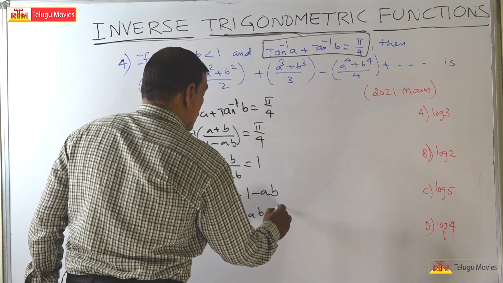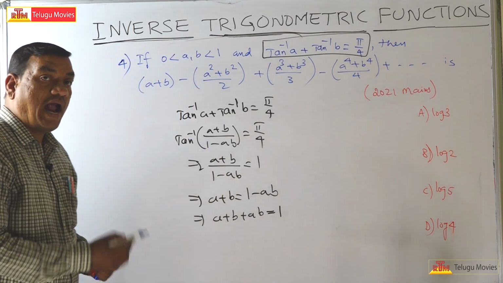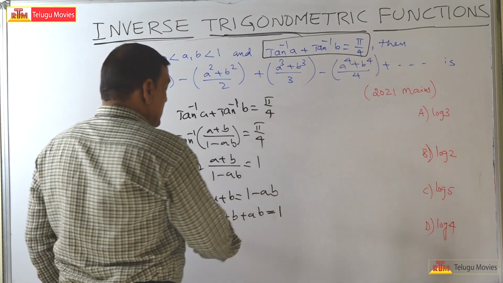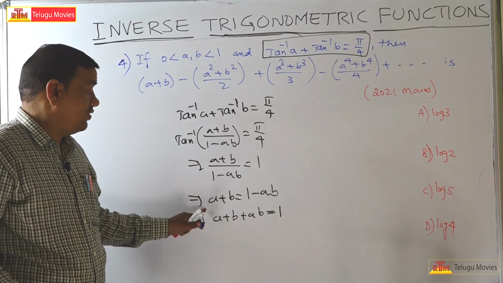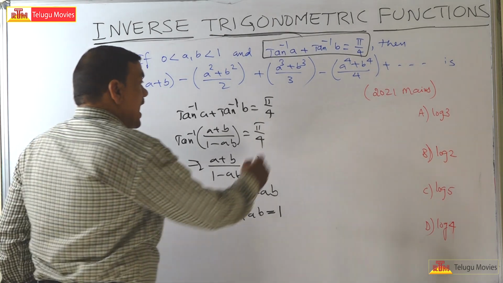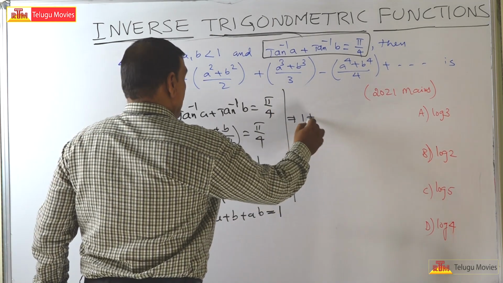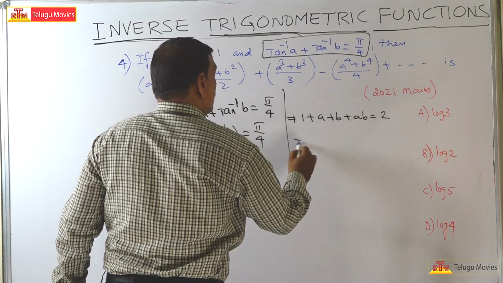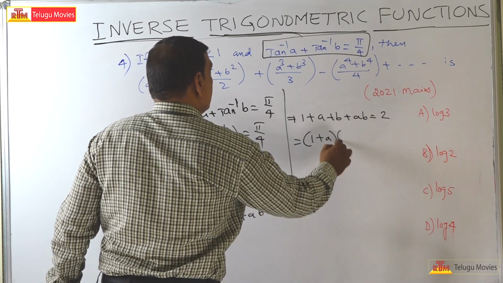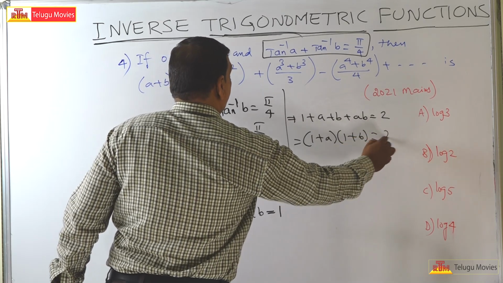Adding 1 on both sides, to make it into factors, we get 1 plus a plus b plus ab is equal to 2. So these are the factors: 1 plus a into 1 plus b is equal to 2.